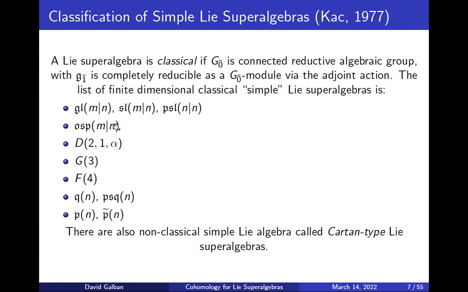And then we have an analog of essentially SO and SP from the ordinary case. Then we have a series of exceptional Lie algebras, and two other series called Q(n) and P(n), and then Cartan type Lie superalgebras. All of these together comprise the simple Lie superalgebras under consideration. These aren't all necessarily simple, but they're simple enough for the calculations that are going to follow.